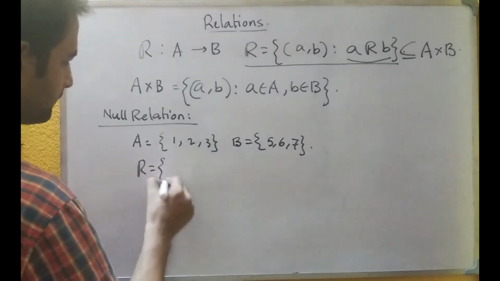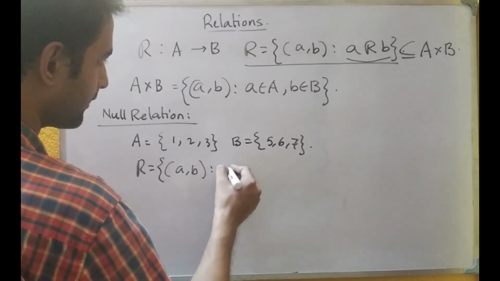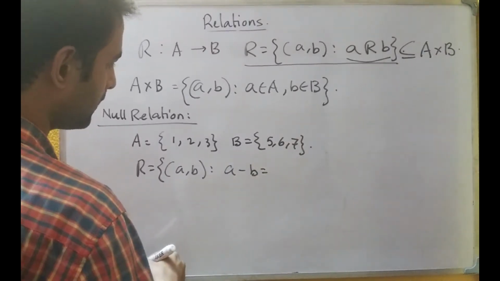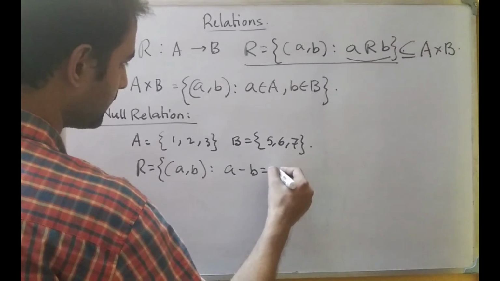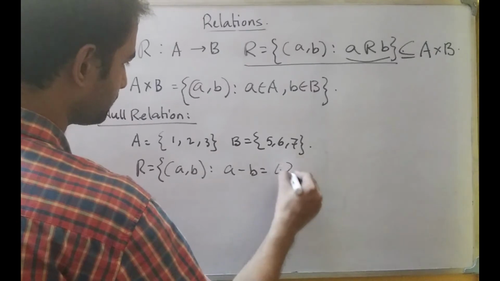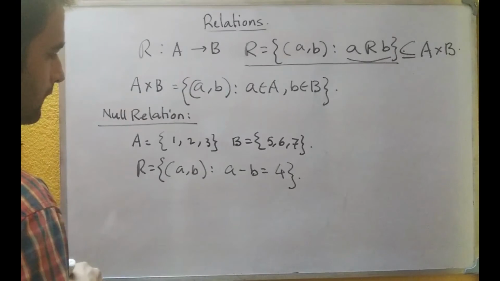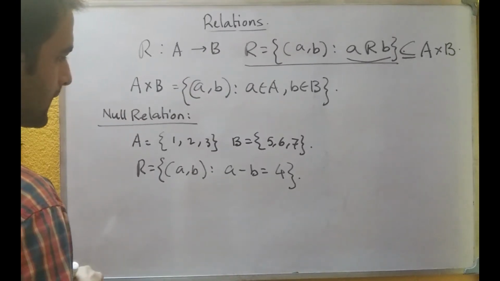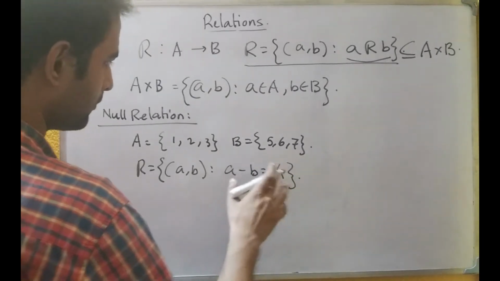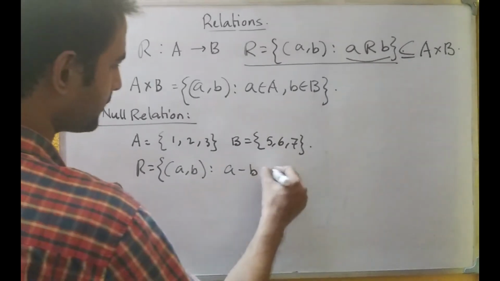Suppose we define R as the set of ordered pairs (a, b), where a minus b is, say a minus b is minus 4.